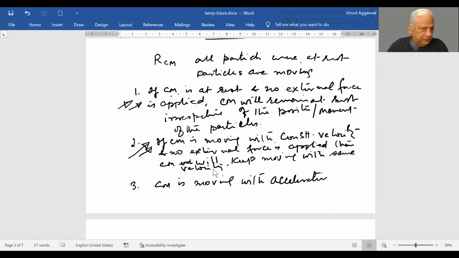In that case, the acceleration of the center of mass multiplied by the total mass is equal to the sum of individual mass times acceleration. If the center of mass has an acceleration, it can be calculated from the individual particles' accelerations.